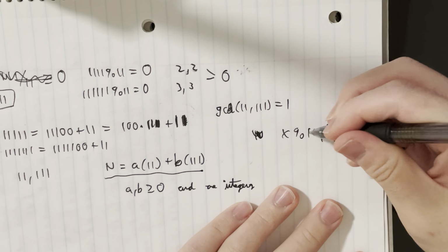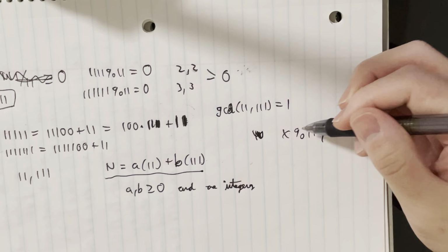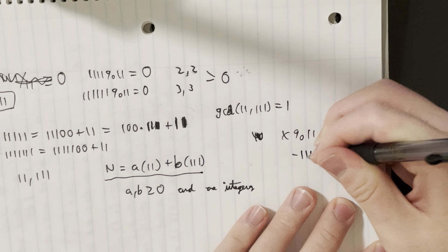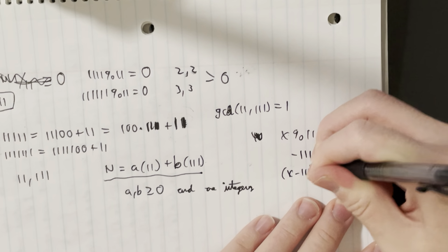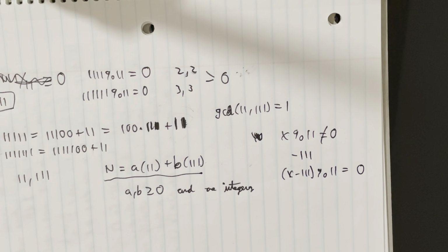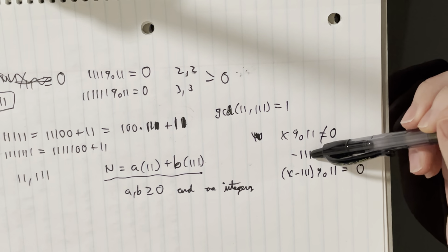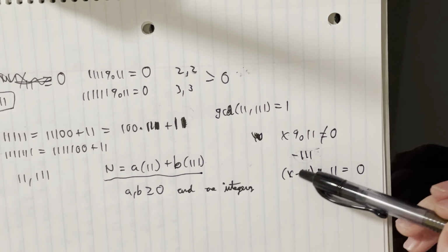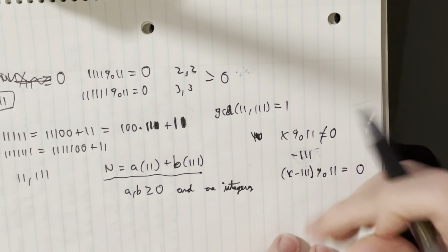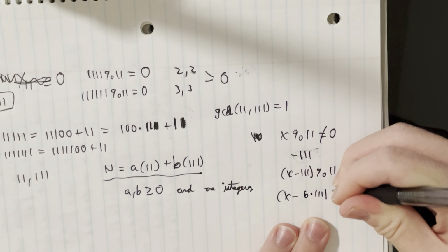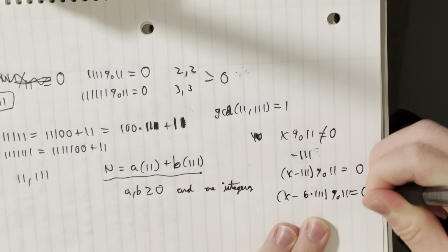So if x mod 11 does not equal 0, we would think of it as subtracting 111 from it to get x minus 111 mod 11. And because 11 and 111 are relatively prime, we only need at most, I believe, 11 iterations for some value of x minus b times 111 mod 11 to be equal to 0.